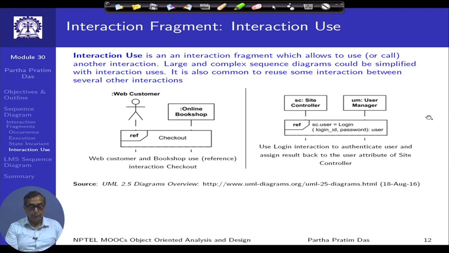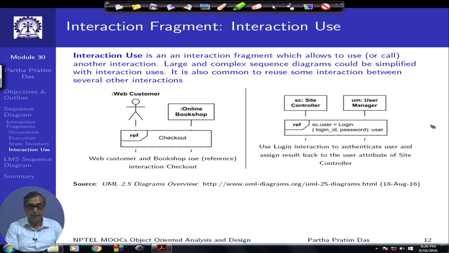Finally, there is an interaction fragment called interaction use, which is a kind of subroutine. If you have defined an interaction somewhere, say the checkout interaction that we just observed, then I can refer to that checkout interaction here.